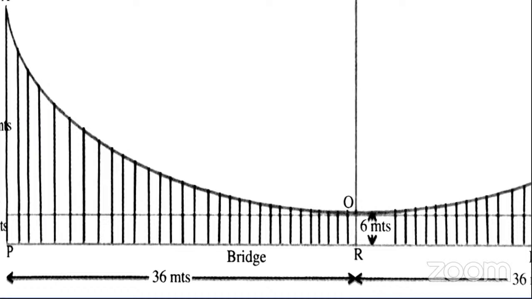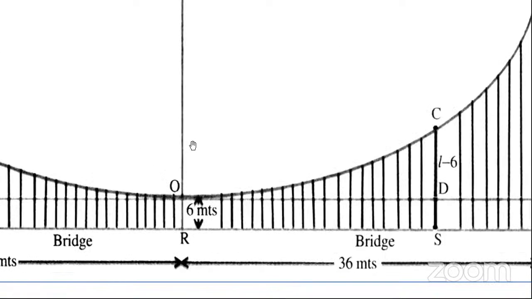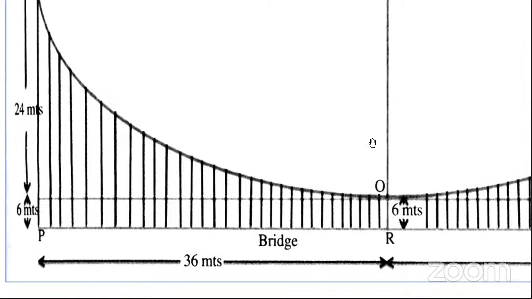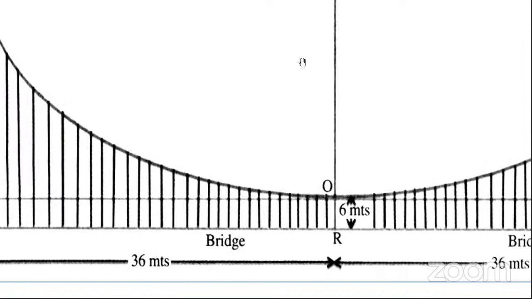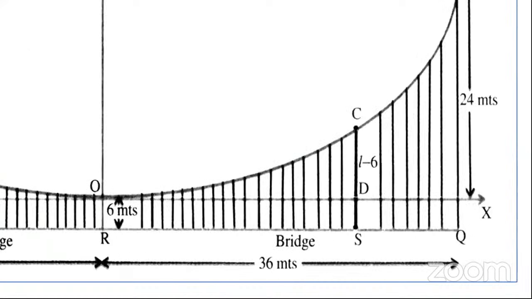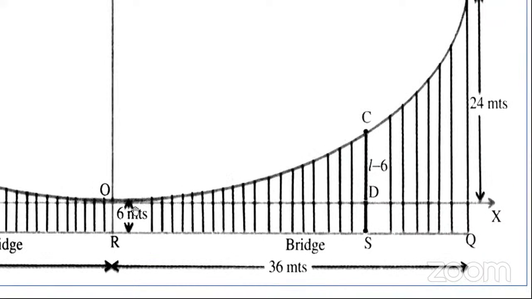This is PQ, the last point. PQ is 72 meters, and here PR is nothing but 36 meters, and RQ is nothing but 36 meters. And this length is 6 meters. Okay.